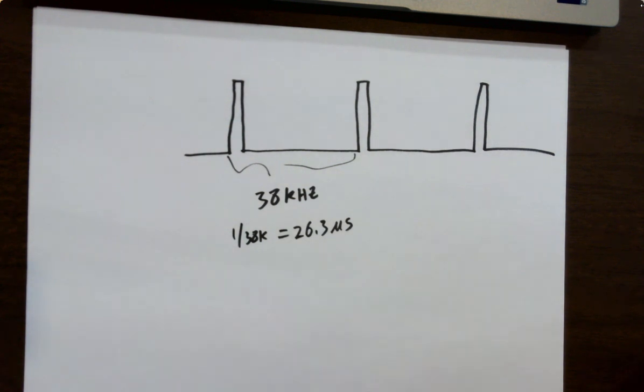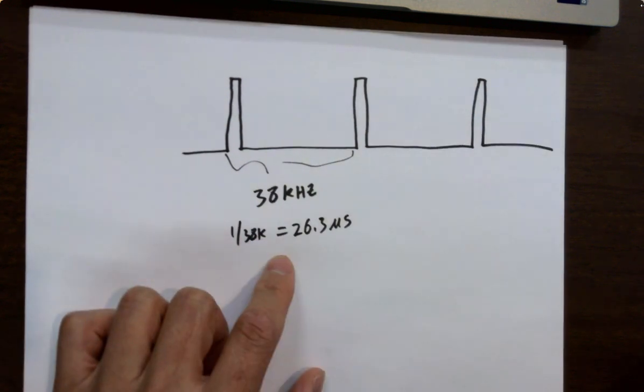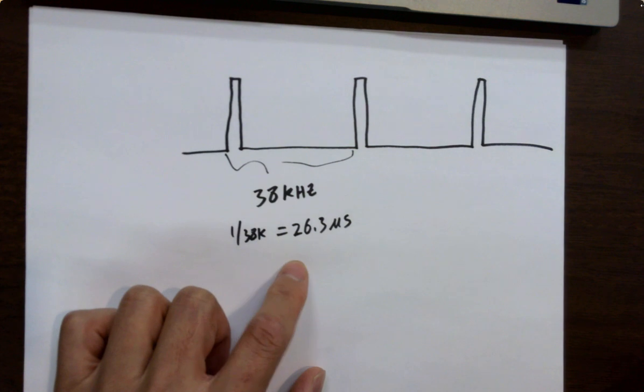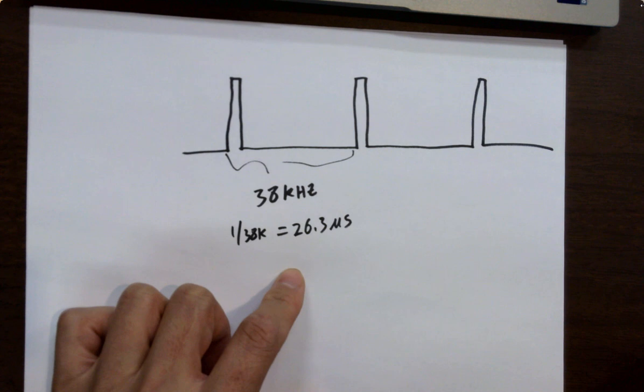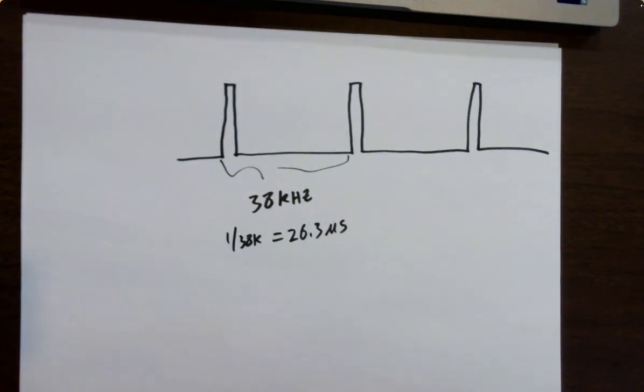Which register controls that? PR2 for our case. Why is PR2 not like PR3 or PR4? Because it's PWM2, I think.